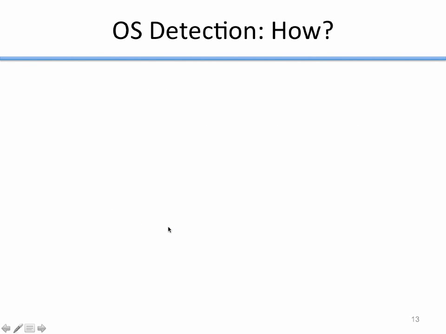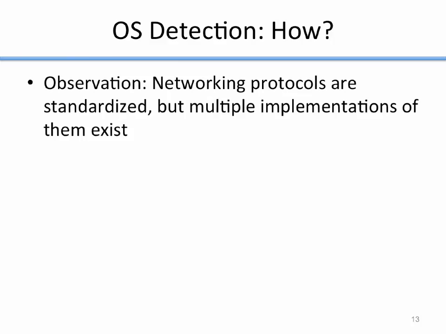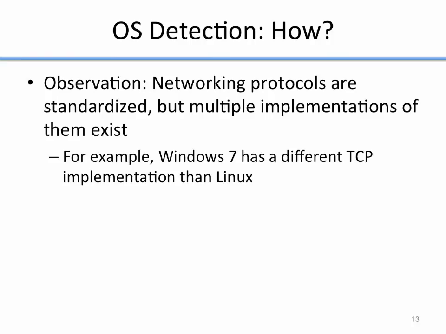How does this work? I mean, if you do operating system detection, what does that really do? How's it making this happen? So the observation that the Nmap authors made, and it's a good one, is that networking protocols are standardized, but multiple implementations of them exist. So even though there's a standard for IP and a standard for TCP, different implementations of them have been built. For example, Windows 7 has a different TCP implementation than Linux.